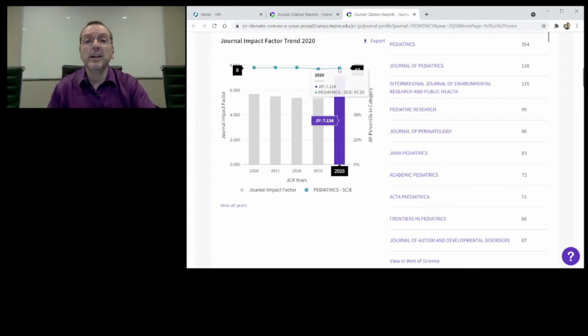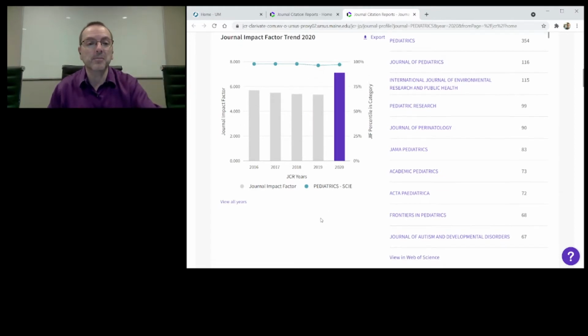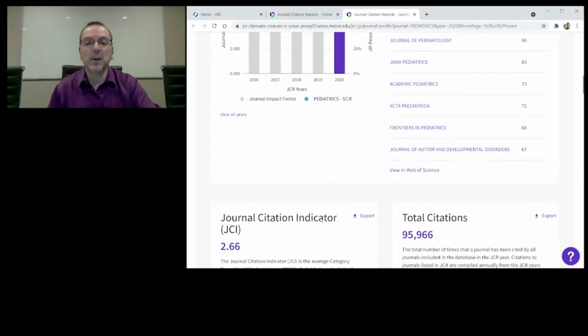But then this line at the top tells you the percentile rank within that category of journals in JCR. Kind of what's the percentile rank based on the journal impact factor. So we see Pediatrics is around the 97th percentile ranking based on its impact factor among pediatrics journals. So let's scroll down some more.